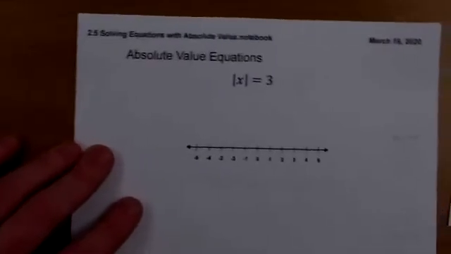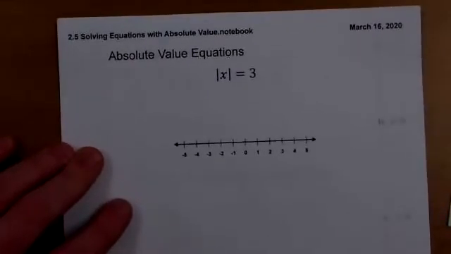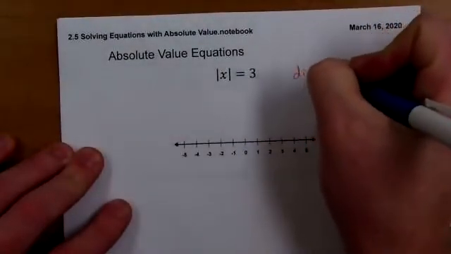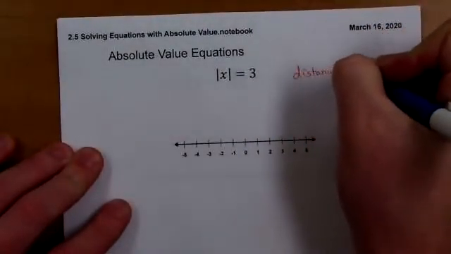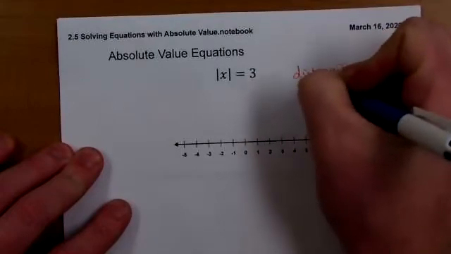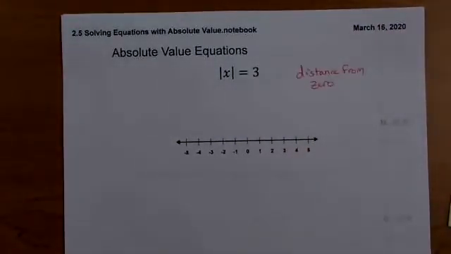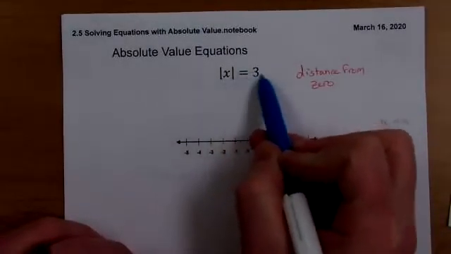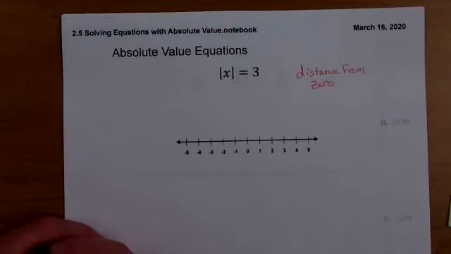So we're going to look at what absolute value means. What absolute value means is the distance from 0. You should be writing a lot of this down, just some examples. So absolute value is the distance from 0. If I ask you, what is x if the absolute value of x is 3?